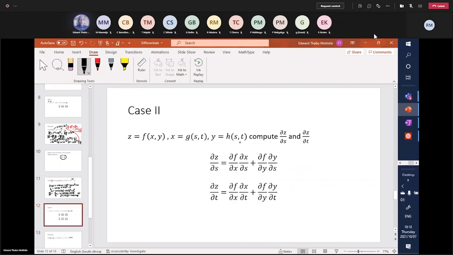Now this one we've also discussed, that if z is a function of r and theta, and r and theta are functions of s and t, then we must be able to determine these two guys here. Okay, so let's see.